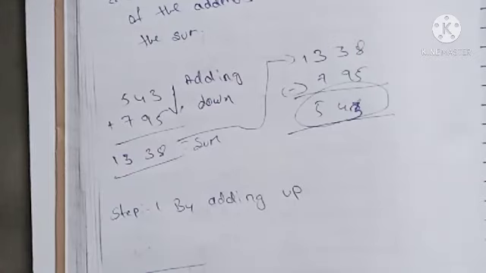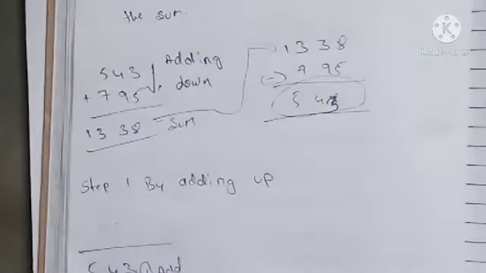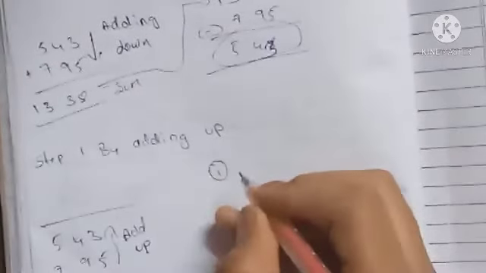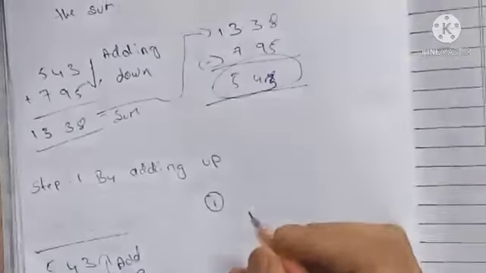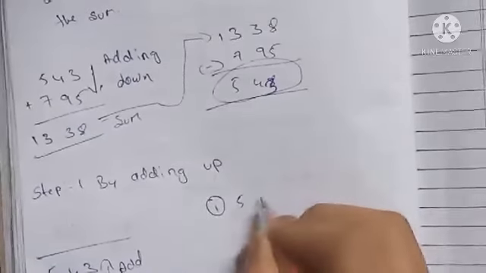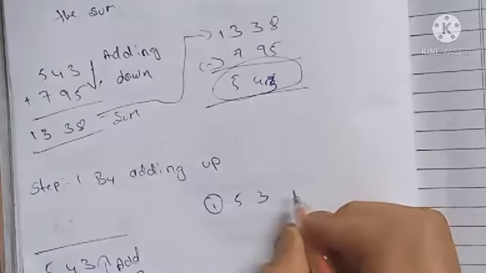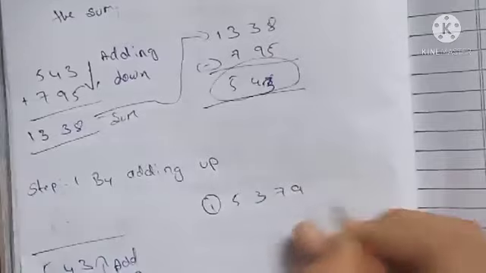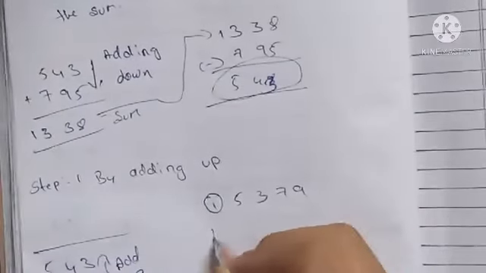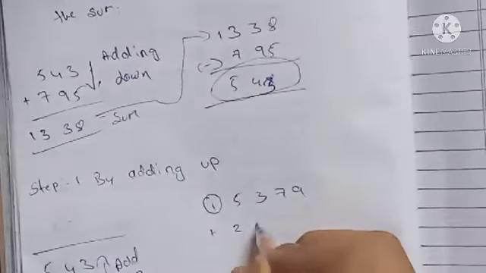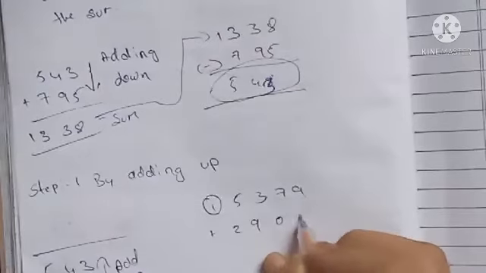So I have forgotten to give the question of the day for today. Today's question of the day, see here, I am giving it here only. First one is 5379 plus 2905.